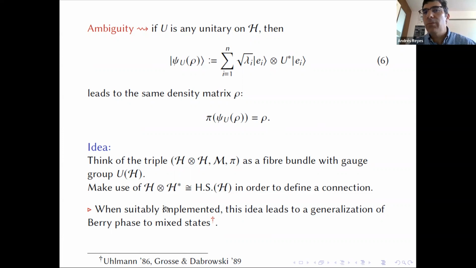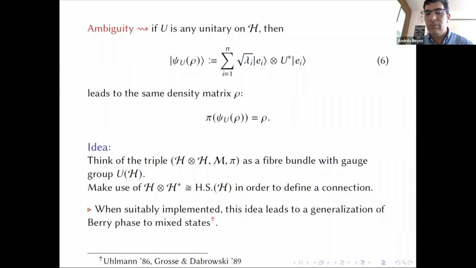And if you implement it suitably, you will get a generalization of Berry phase to mixed states. How is this done? There are works from several people. One of them is Uhlmann in '86, but there is a version which is equivalent to Uhlmann's, which I like a lot, and this is due to Grosse and Dabrowski.